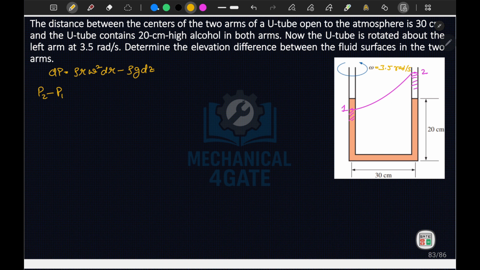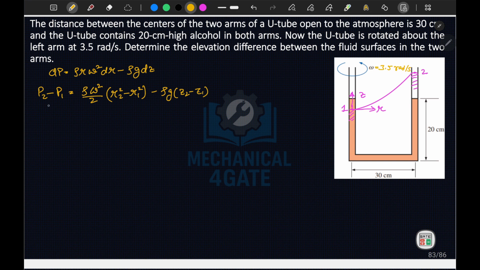One more thing, from here we will take this as R and this as your Z. So P2 minus P1 is equal to rho omega square by 2 times of R2 square minus R1 square, minus rho g times of Z2 minus Z1.